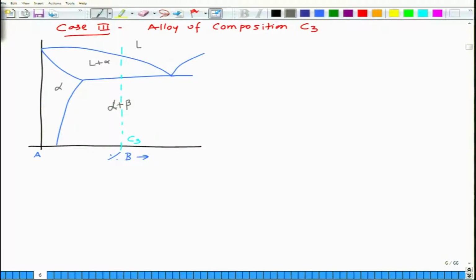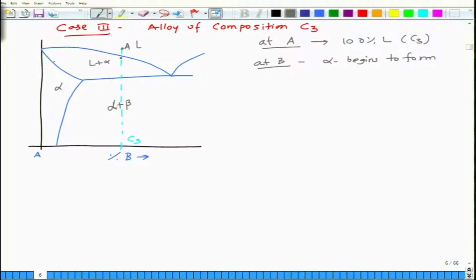Now again let's look at point A. At A you have 100% liquid of composition C3, which is same as before. At B, at this point, alpha begins to form.